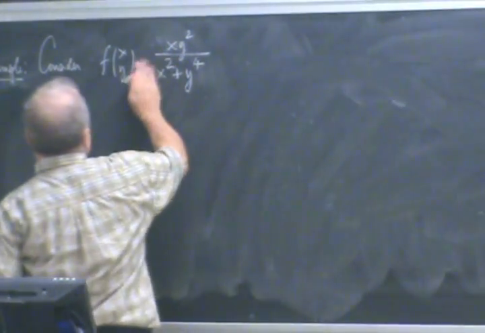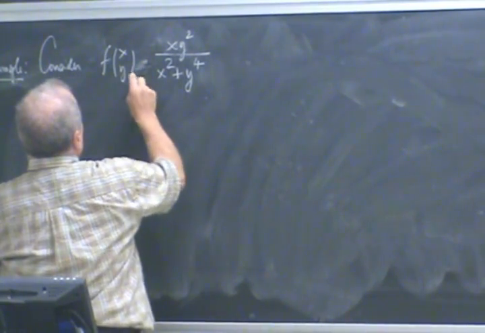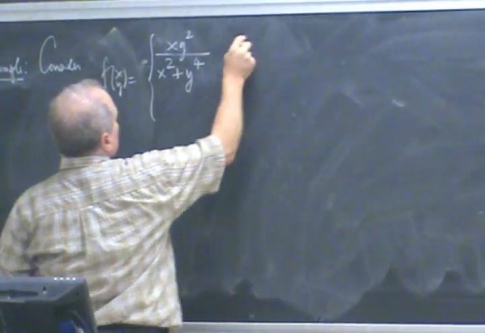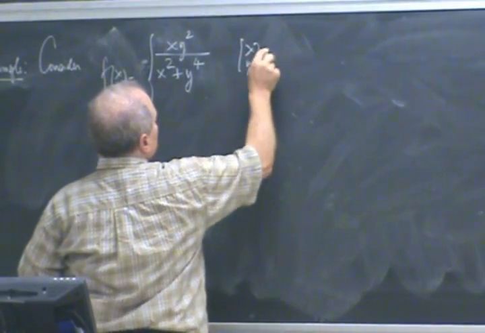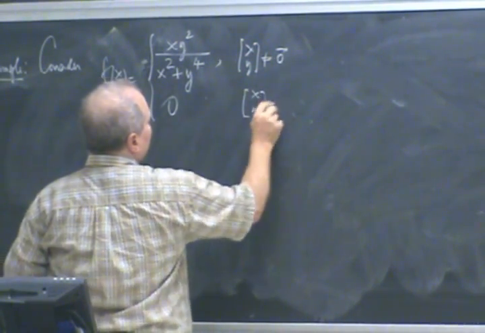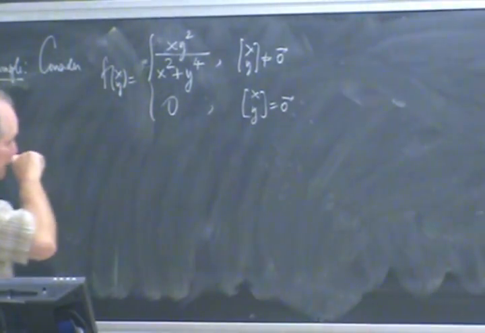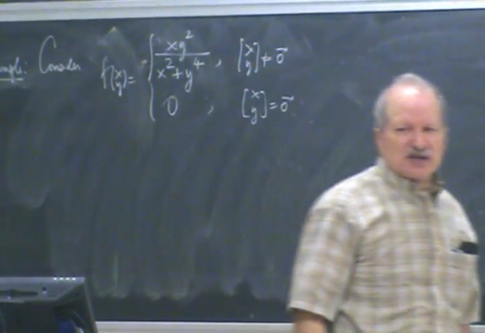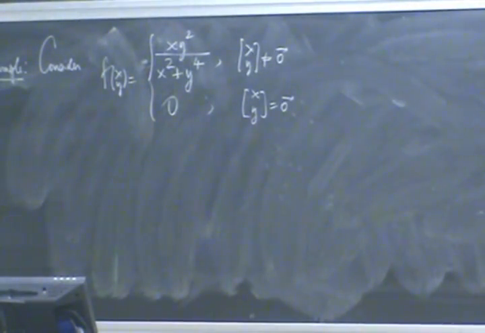So start with this function when you're not at the origin, and 0 at the origin. What did we decide about this function? Is it continuous at the origin?